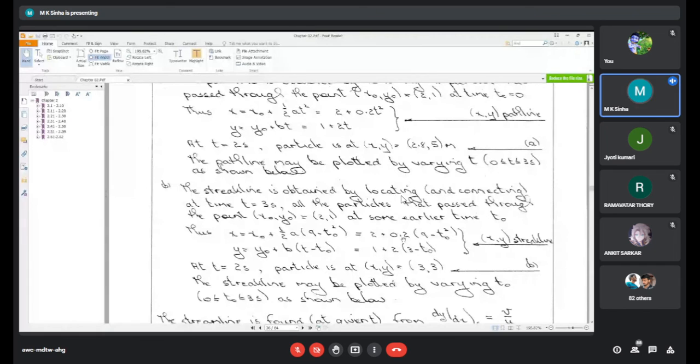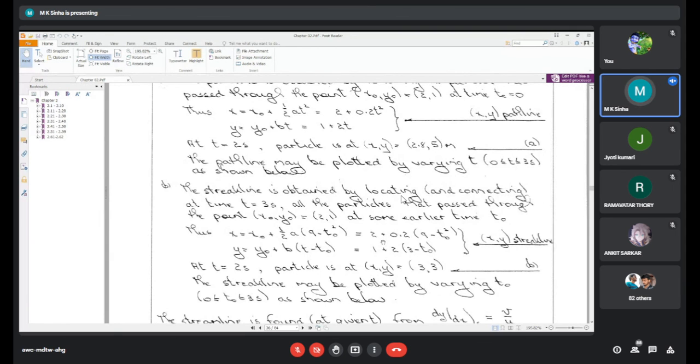So see here, the streak line is obtained by locating and connecting at t, that is mentioned here as 3, all the particles that pass through the point x naught, y naught, mentioned as 2, 1, at some earlier time t naught.